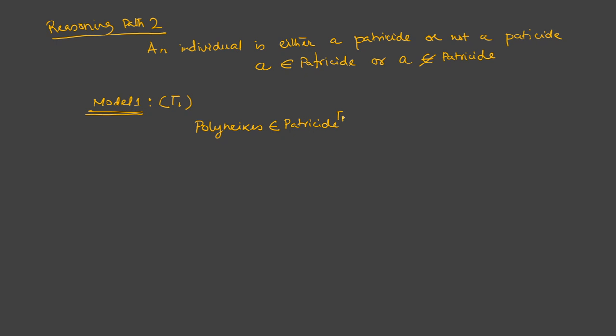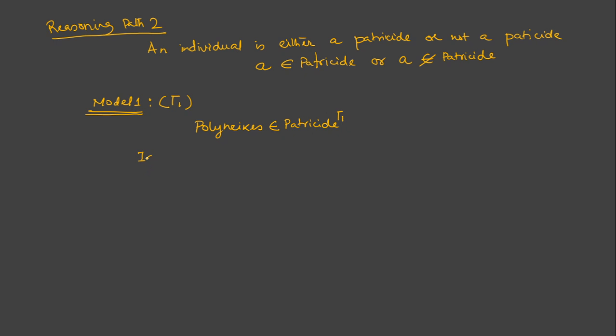Here patricide to the power gamma 1 is basically the set of individuals that belong to this patricide, right? And we assume that this Polynicus belongs to this particular patricide class, right?